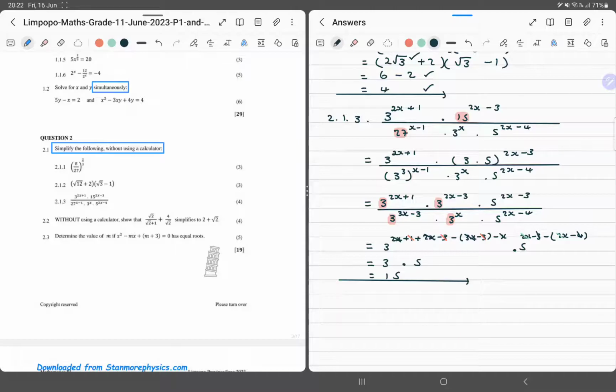Divide by 27 to the exponent, now we're going to have 1 minus 1. Okay, multiplied by 3 to the exponent 1. That's just a 3. Multiplied by 5 to the exponent 2 into 1 minus 4. Okay, your calculators are fancy, guys. They can do it. So I'm getting 15. So that means whatever manipulation we did is correct.